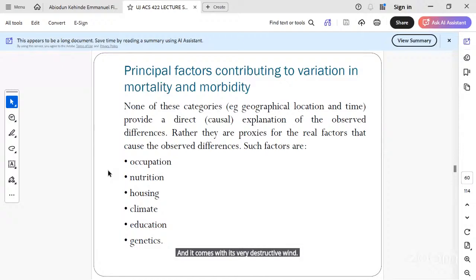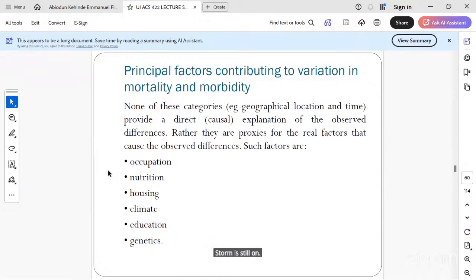So that's a natural disaster. That's what climate has brought them, and there's nothing anybody can do except to just find somewhere that is safe when the storm is still on.